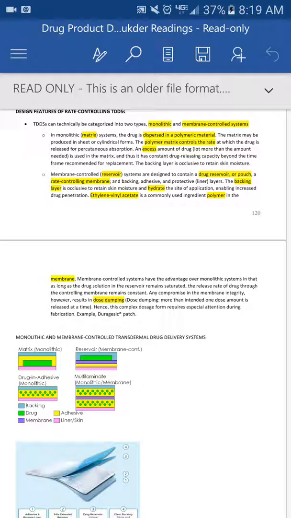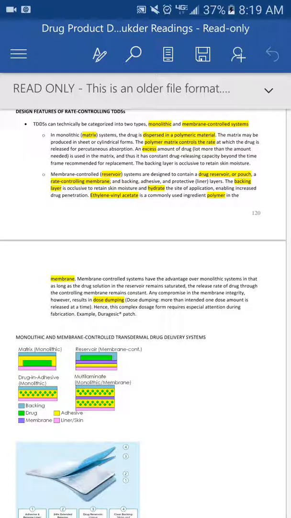The polymer matrix controls the rate at which the drug is released for percutaneous absorption, just like with tablets. An excess amount of drug, so a lot more than the amount needed, is used in the matrix. And thus it has a constant drug releasing capacity beyond the time frame recommended for the replacement.